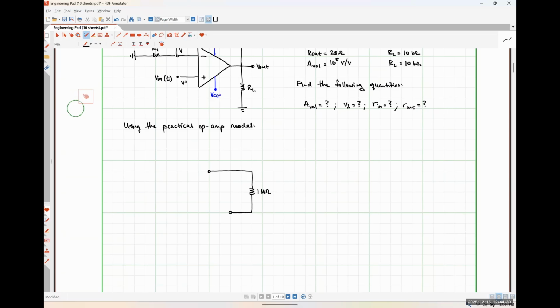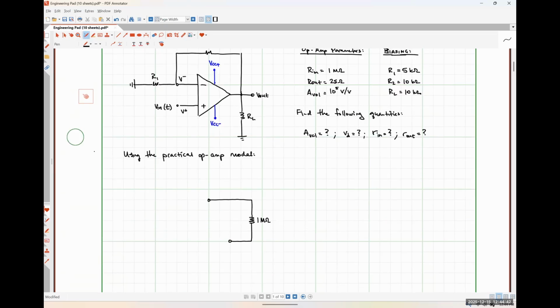And much like I did with my schematic diagram above, I'm going to choose to put the inverting input terminal on top and the non-inverting input terminal on bottom. This is just so that it'll make it easier for me to draw the feedback network in the practical op amp model as well. So that means that this node up here is going to be V minus, and this node down here is going to be V plus, which means my differential voltage VD is going to have positive polarity on bottom since it's always V plus minus V minus. Okay, so I just want to make sure everybody's catching what I'm throwing in that explanation there.